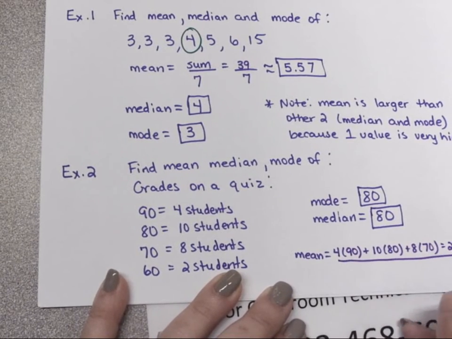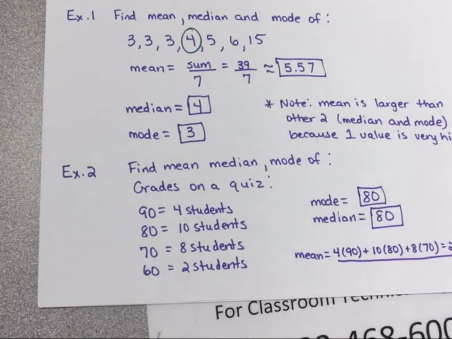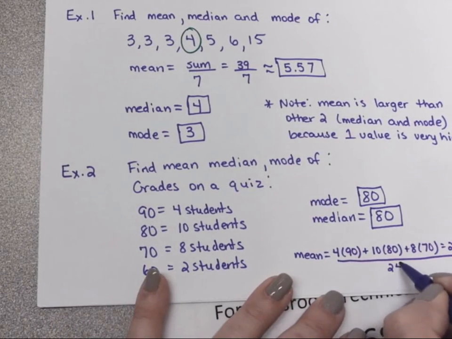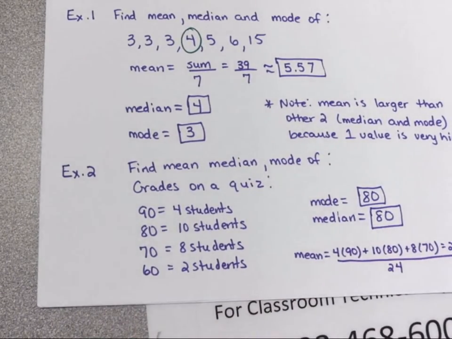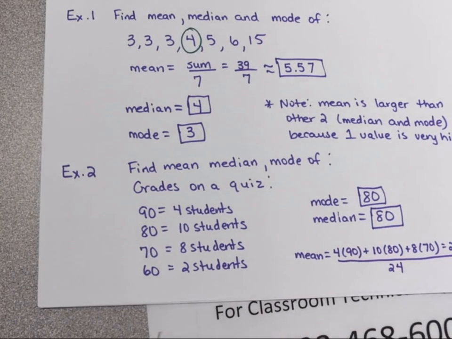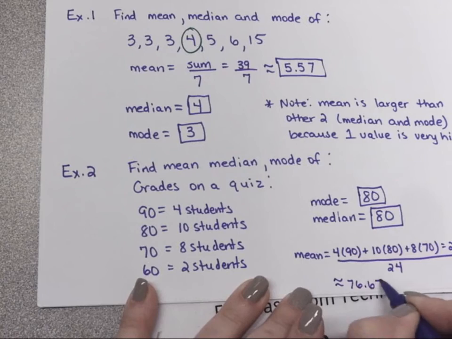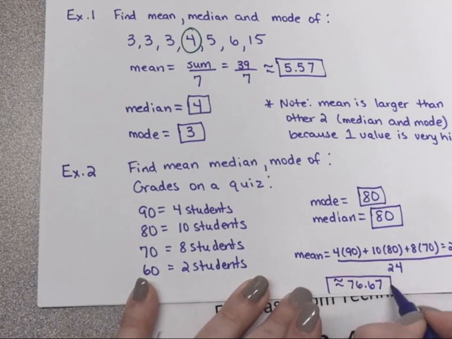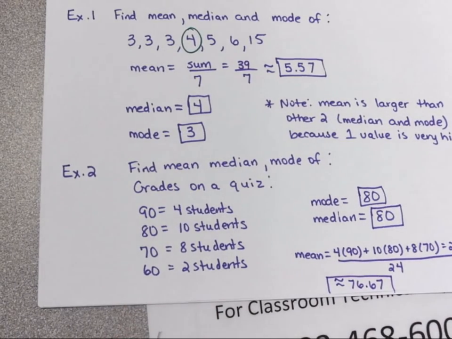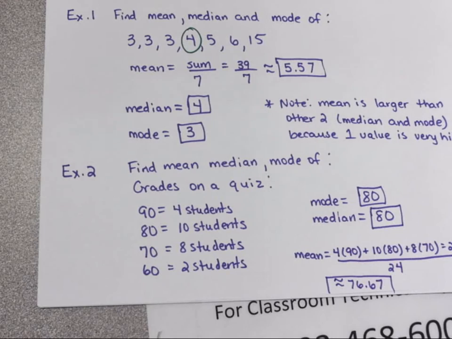But I still need to divide all of those by what? How many students total am I talking about still? Still 24. But notice how much quicker it is to do it like this, right? And we're going to use this strategy next week as well. So just to save time, I'm going to go ahead and tell you what it is. It comes out to be about 76.67.